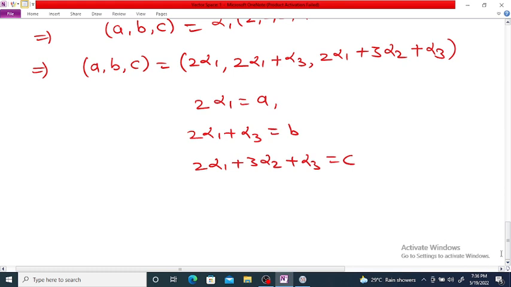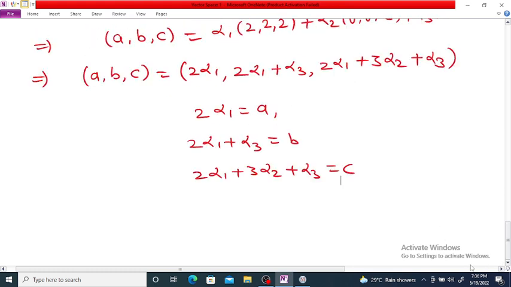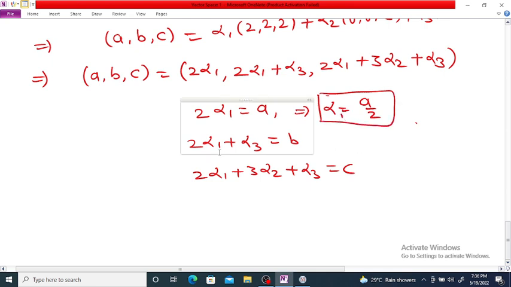So here from the first equation we get the value of alpha 1 is equal to a by 2. If we substitute the value of alpha 1 in the second equation, then we get 2 times a by 2 plus alpha 3 is equal to b.